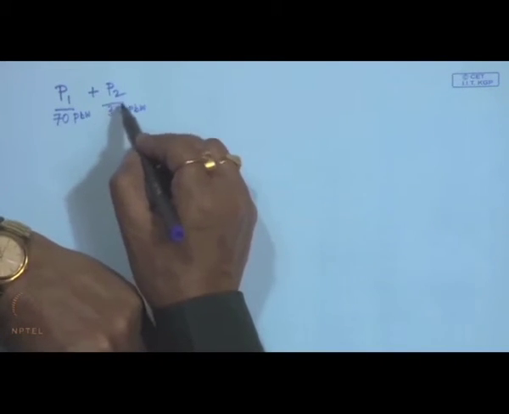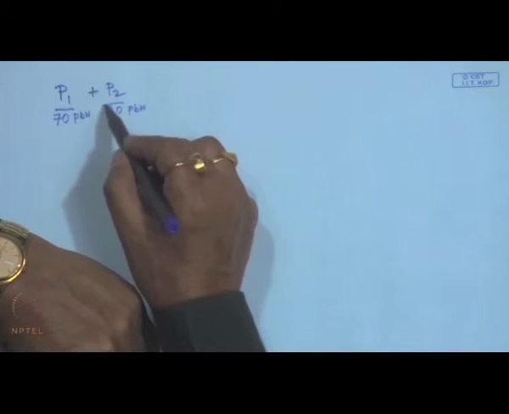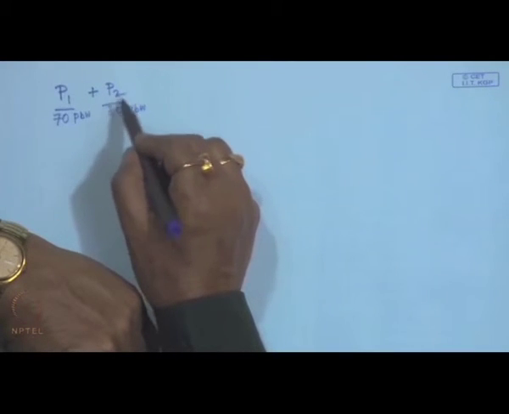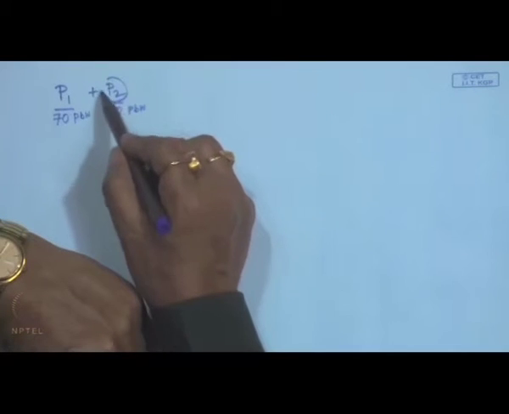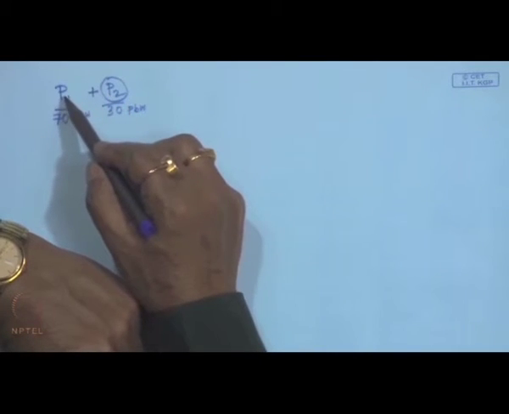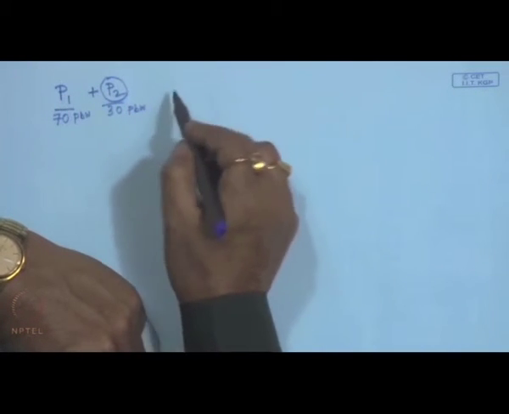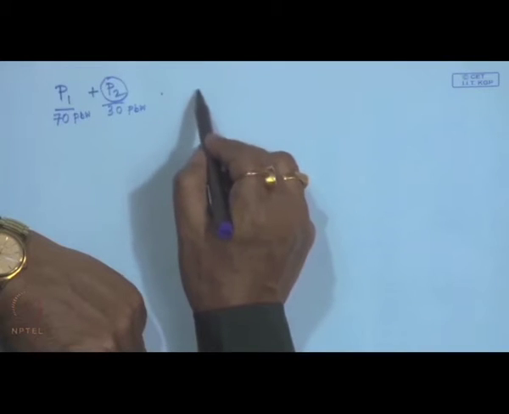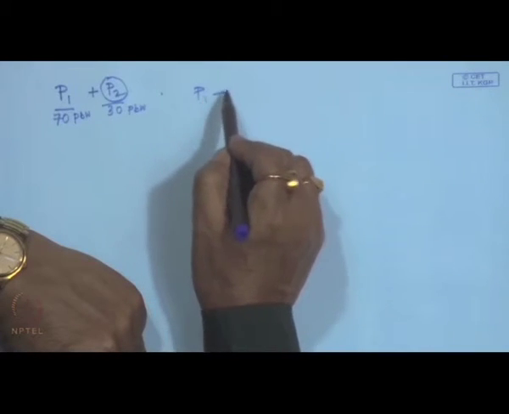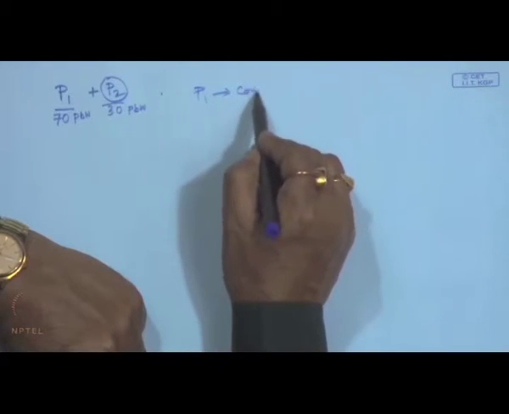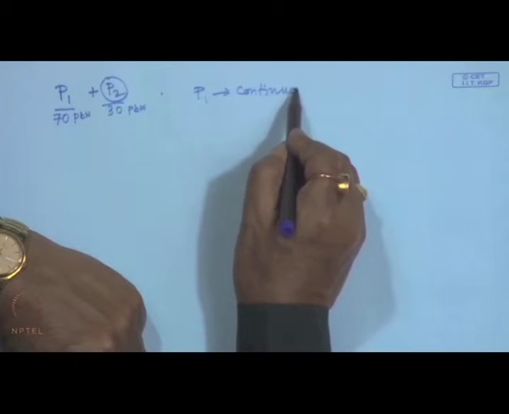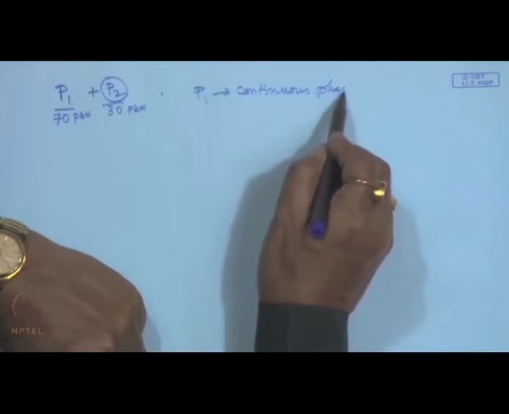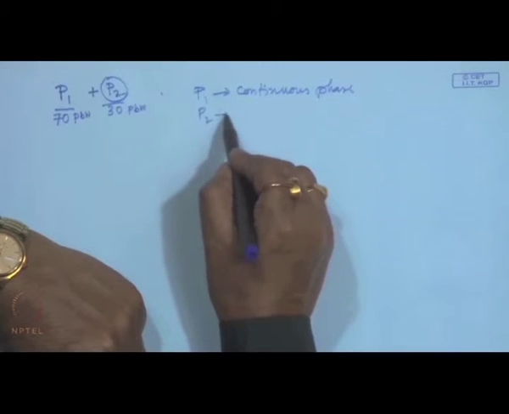Since P2 is used at a lower concentration, it will remain dispersed in the phase of P1. In this case, P1 will behave as the matrix, the continuous phase, and P2 as the dispersed phase.